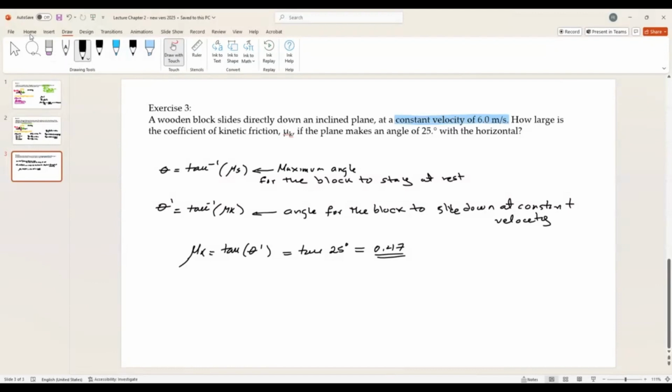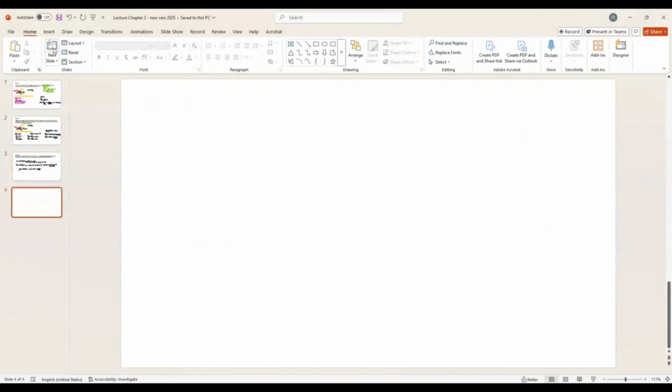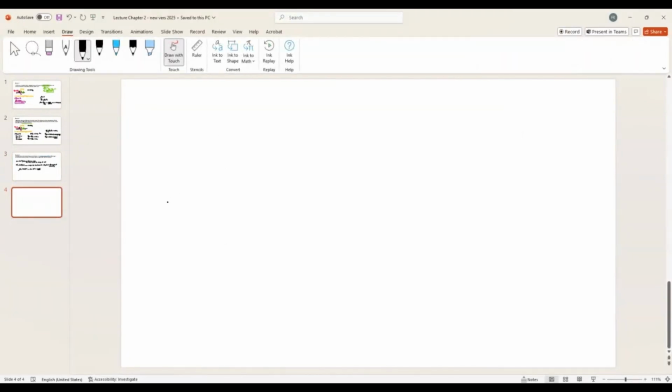So we'll add one more slide here. And what are we going to do? We have here the inclined plane. I will show you this because if there is no constant speed, then this is the same technique that we use. We have the angle here that is 25 degrees.